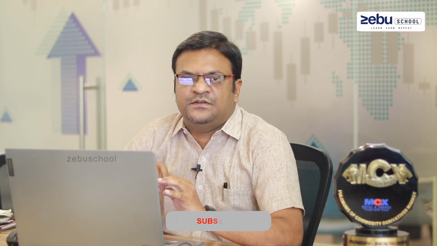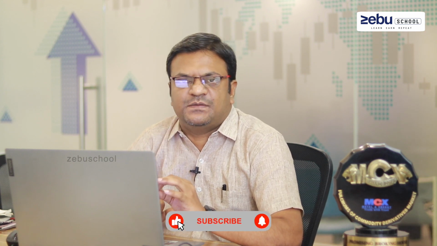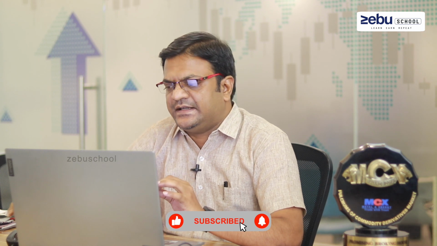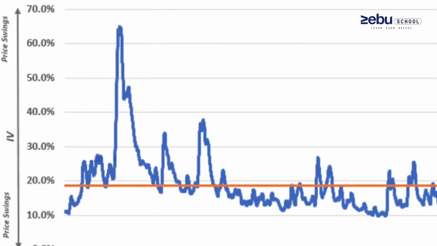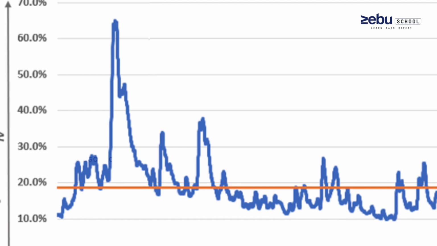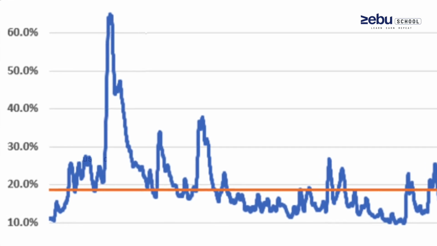If the demand is reducing, then the price will fall, so the option premium will fall down. In this case, the implied volatility will also come lower. So whenever the market is trading with the highest implied volatility, you can look for a better opportunity when the implied volatility is lower.